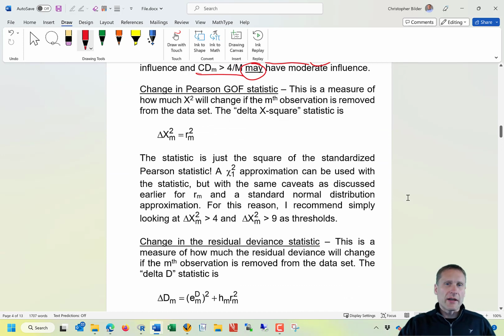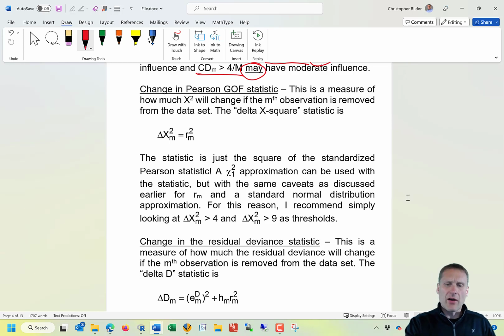Now we could also look at the change in the Pearson goodness of fit statistic value, so that X squared. If I remove an observation from the data set, re-estimate the model, and recalculate the Pearson statistic, does that change a lot? If it does, that would say something is happening here. The removal of that observation caused something different to happen.